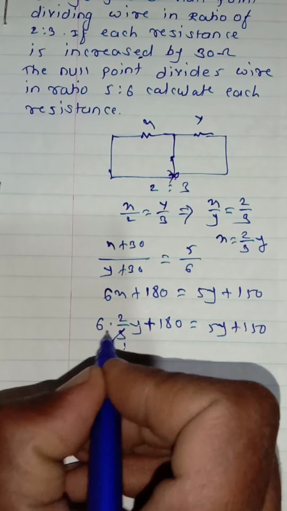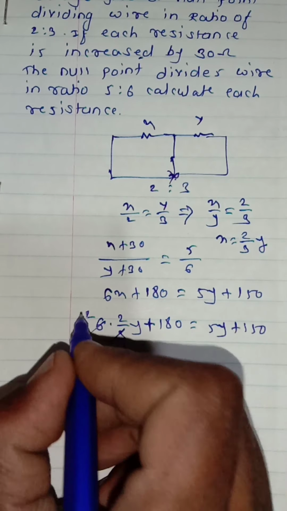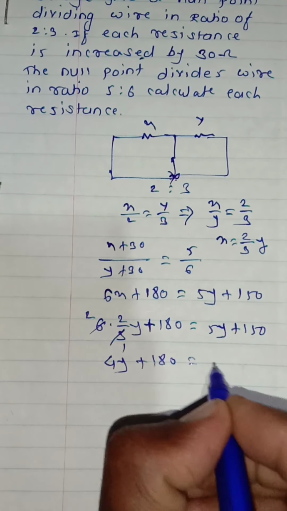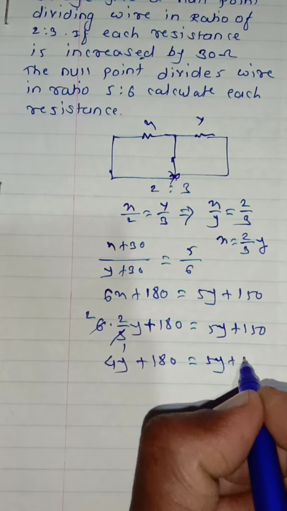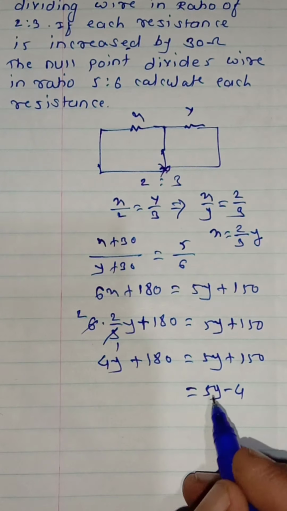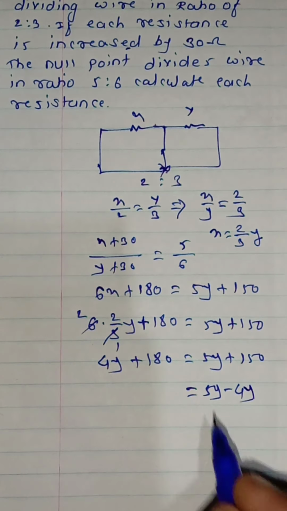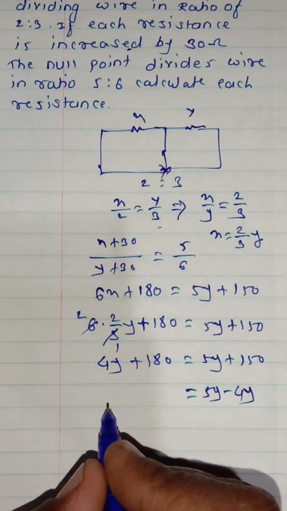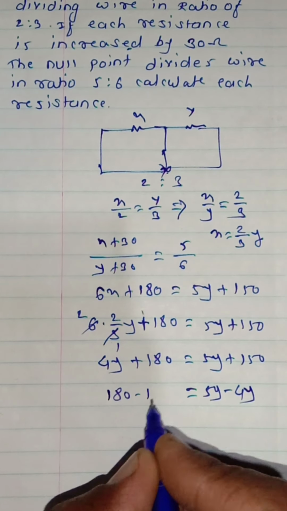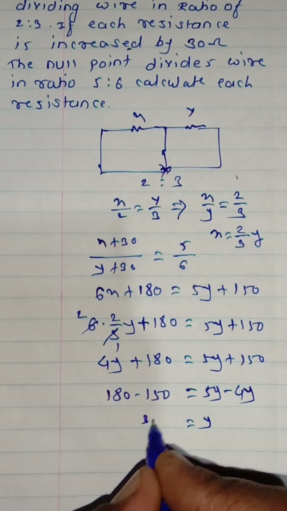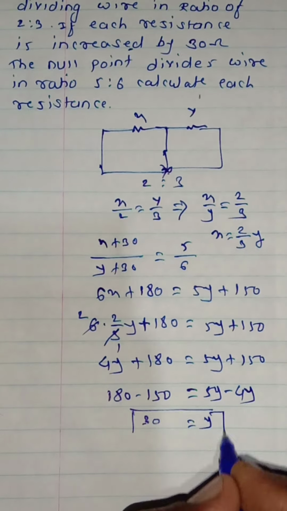Three twos are 6, 2 fours are 4, 4y plus 180 is equal to 5y plus 150. Okay, taking the 4y on the right side, 5y minus 4y, and taking the 150 on the left side, 180 minus 150, that is y is equal to 30. The value of y is 30.